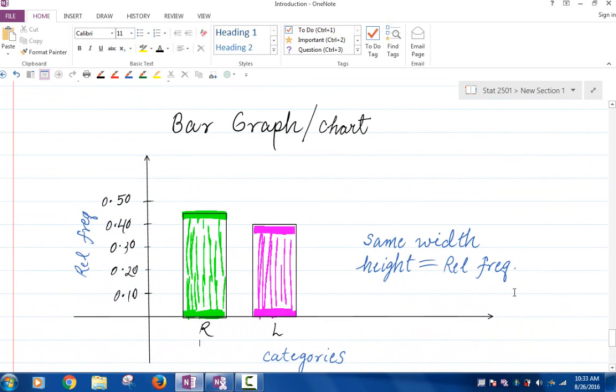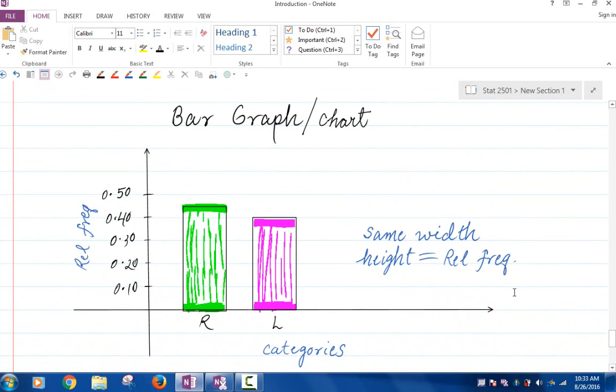So what I did here is that along the y-axis we have the relative frequency.